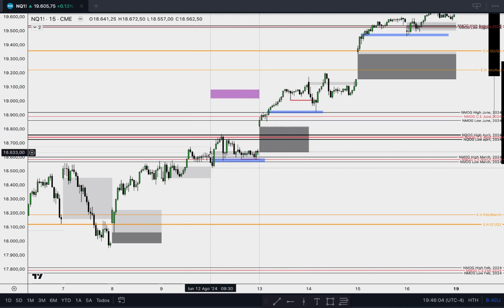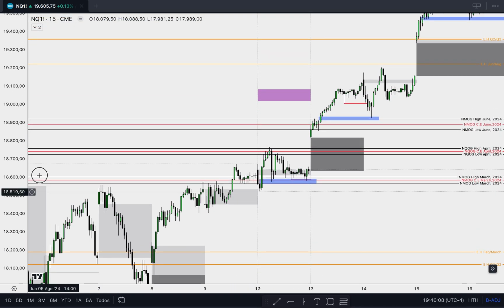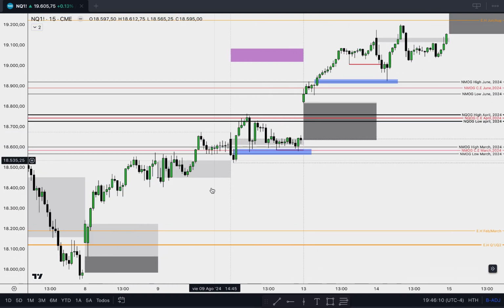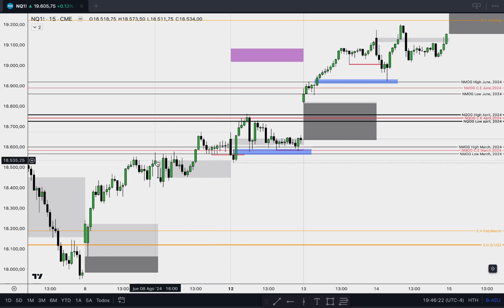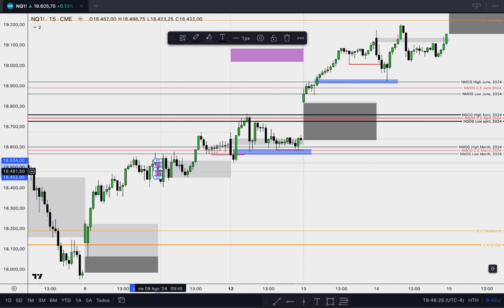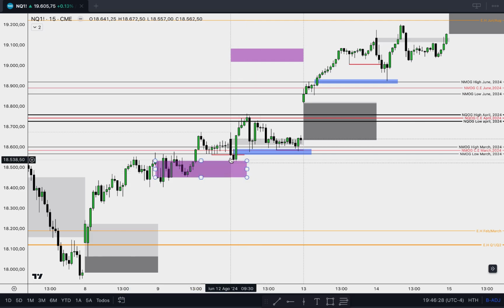Look how we come back to this Friday range. We took the PM session lows on Friday, on Monday, and we reached what? This gap. Look at the body. Perfect.